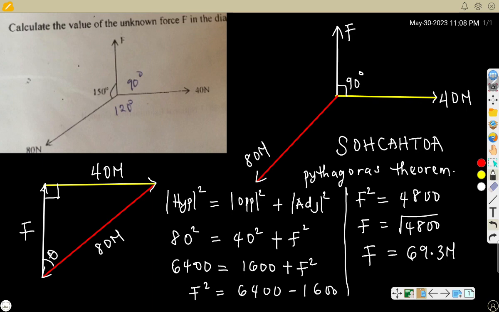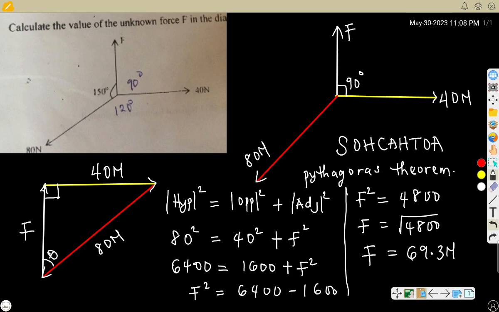If we don't do it this way, we can also reason this diagram like equilibrium of vectors or forces. You know that equilibrium of forces is the opposite of resultant of forces.